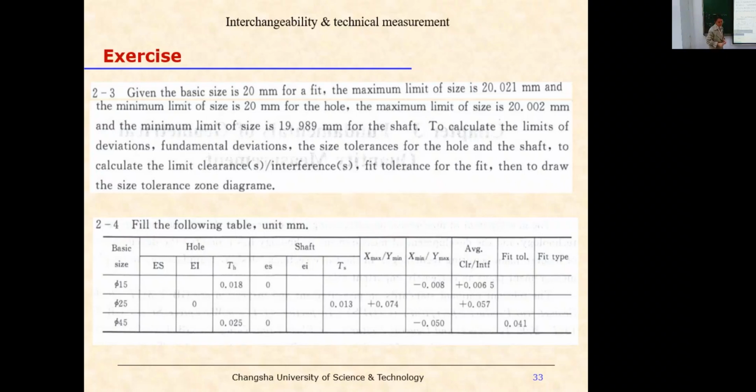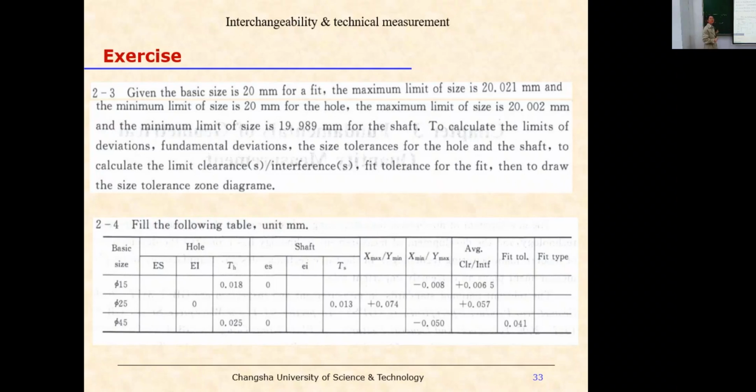TH. And the minimal clearance or the maximal interference. This is the maximal interference, because the symbol is minus, right? So how to calculate the maximal interference? It is EI minus ES, right?